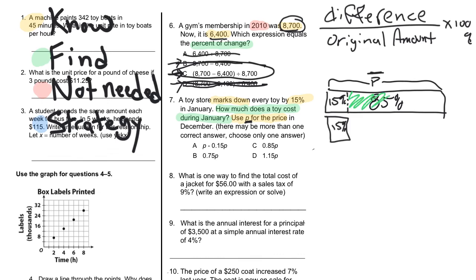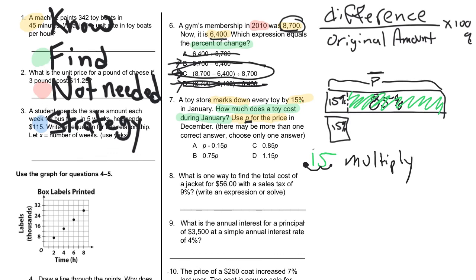Okay, I'm going to put it in green here. This is what we want to try and find out. What is this price? So to remember, anytime we want to find the percentage of something, I'm going to show you with 15. I'm going to put 15 right here. And we take the decimal point, right? So it's 15%. We move it 2 to the left to put it into decimal form, and we multiply.